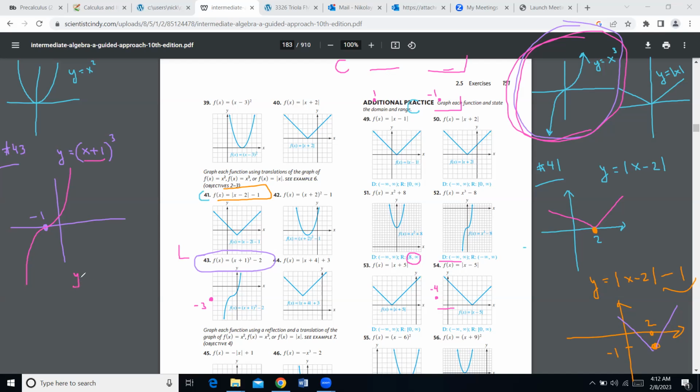And then to finish up with this, to actually produce the graph they want, I'm going to need to subtract number 2, right? So when you subtract 2, the whole picture should be moved downwards by 2 units.